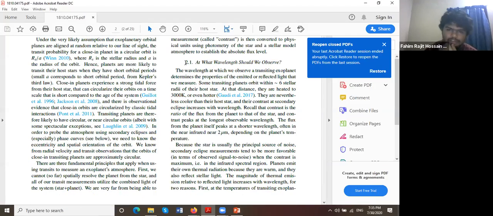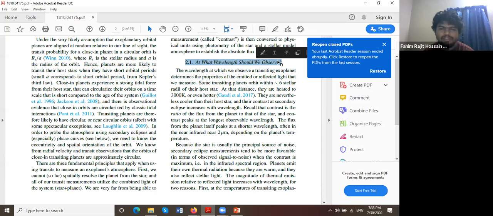First, the paper tells us what wavelength we should observe. It is preferable that if you are looking at massive Neptune-sized planets, or planets that are very massive but not massive enough to be a Jupiter, we should observe the planet using the optical or infrared spectrum.